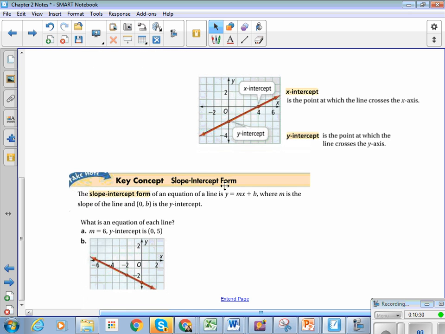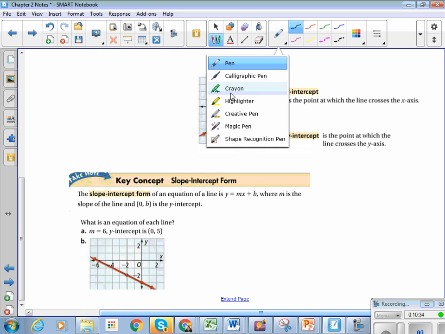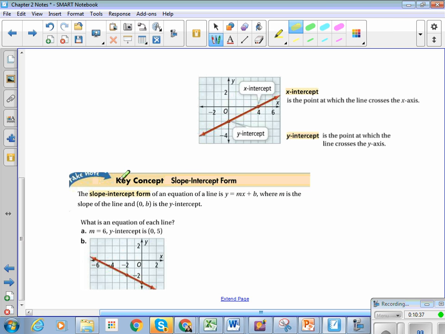All right, so slope-intercept form. What I want you guys to write down in your notes, I don't want you to write all of it, so go ahead and write slope-intercept form. And write y equals mx plus b. m is the slope. (0, b) is the y-intercept.